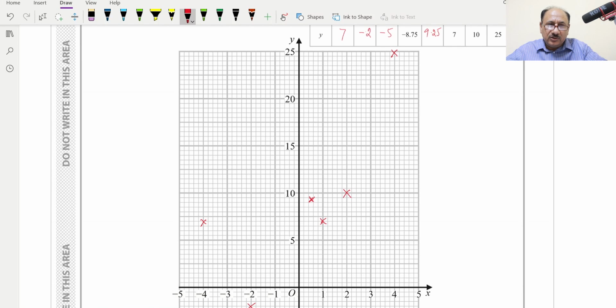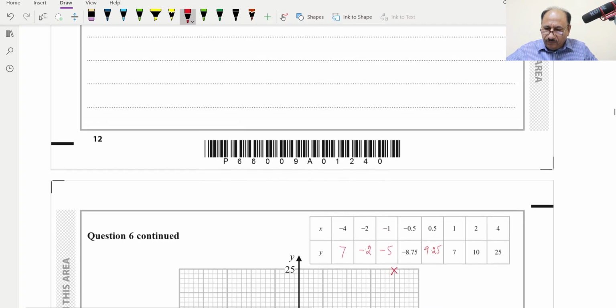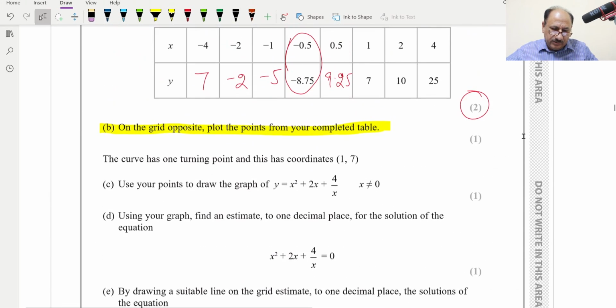Now after plotting the points, the next thing which they are instructing us to do is: the curve has one turning point, and this has coordinates 1 and 7.